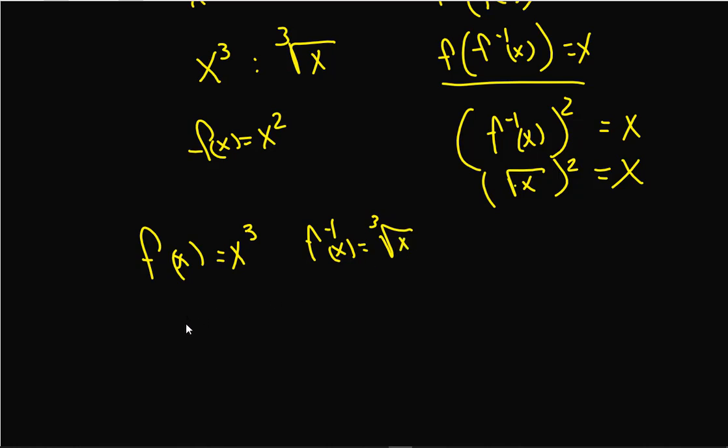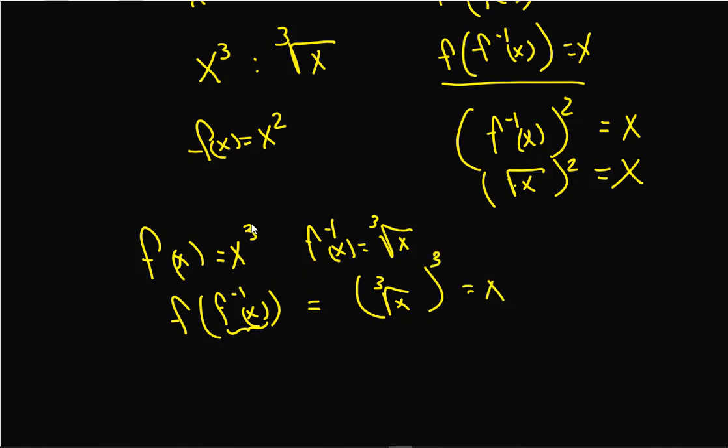And then you can check it because you could do f of f inverse of x, and that means you take the cube root of x on the inside, and then you cube it because you're putting it into f, and that gives you x. So these two are inverses.